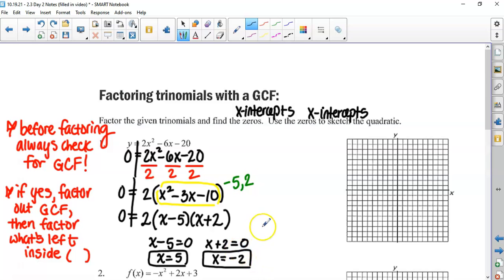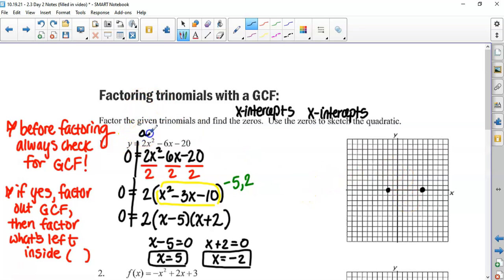Those are our x-intercepts. So I go 1, 2, 3, 4, 5, and 1, negative 2. I've plotted my x-intercepts, and our last step is using the sign of A to know if this opens up or down.